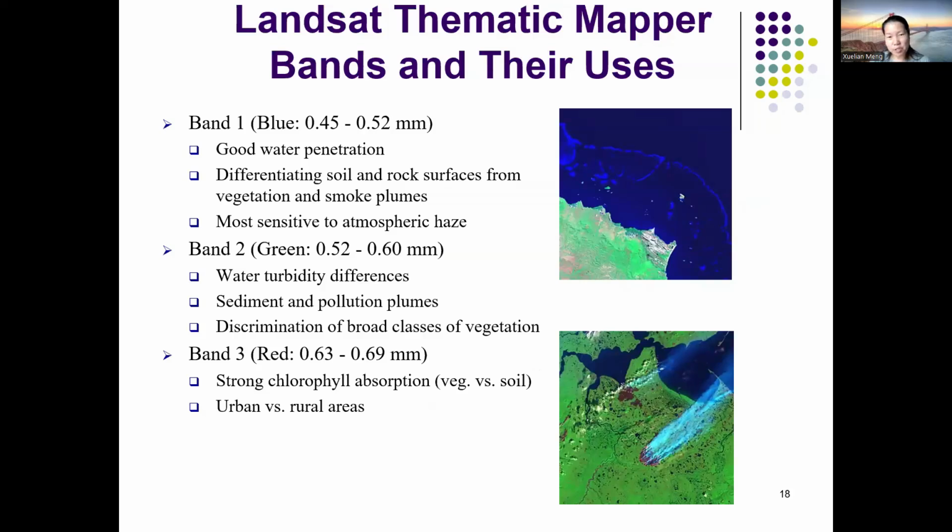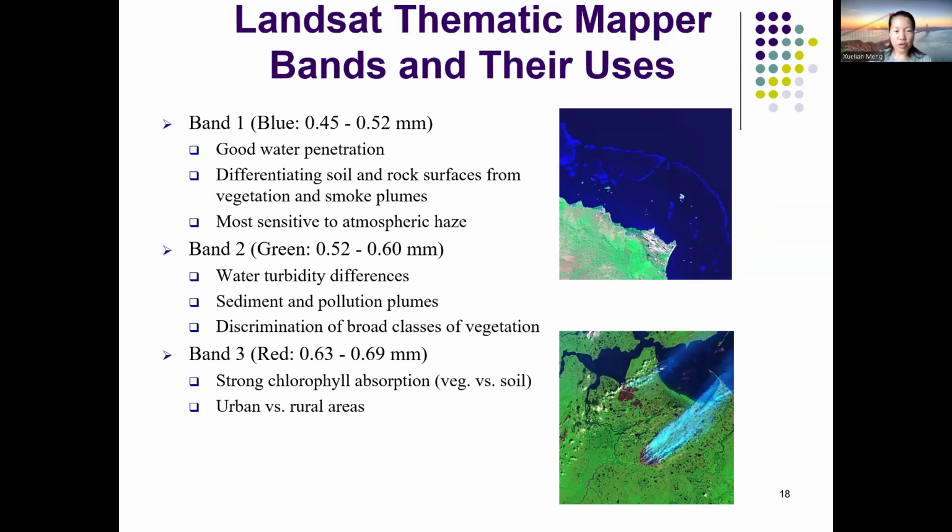Let's take a look at specific band information so we know which band is suitable for what kind of application. Take this example for Landsat TM. Band 1 is the blue band. Blue band is the shortest wavelength band. Therefore, it has very good water penetration, which means that typically when you look at the image, you will get more texture in the area with shallow water.